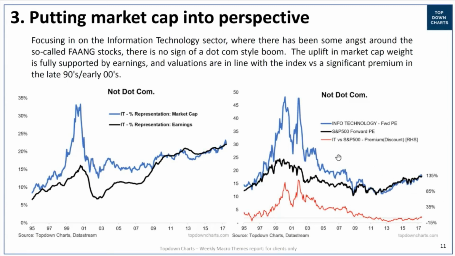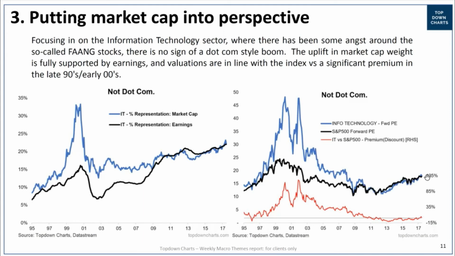This chart shows the information technology sector forward PE ratio, price divided by next 12 months estimated earnings from the Thomson Reuters Datastream IBES data. And it also shows in the black line the S&P 500 forward PE ratio.